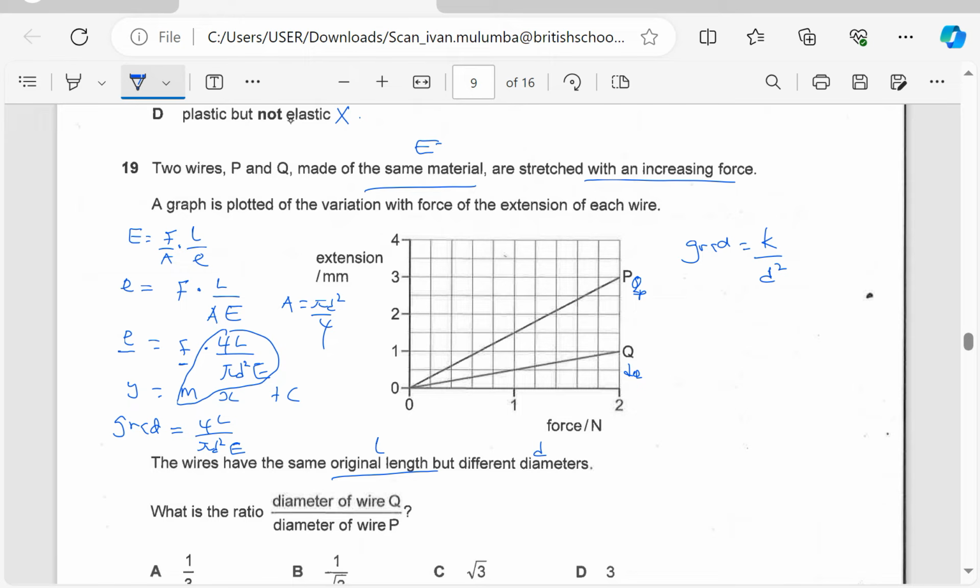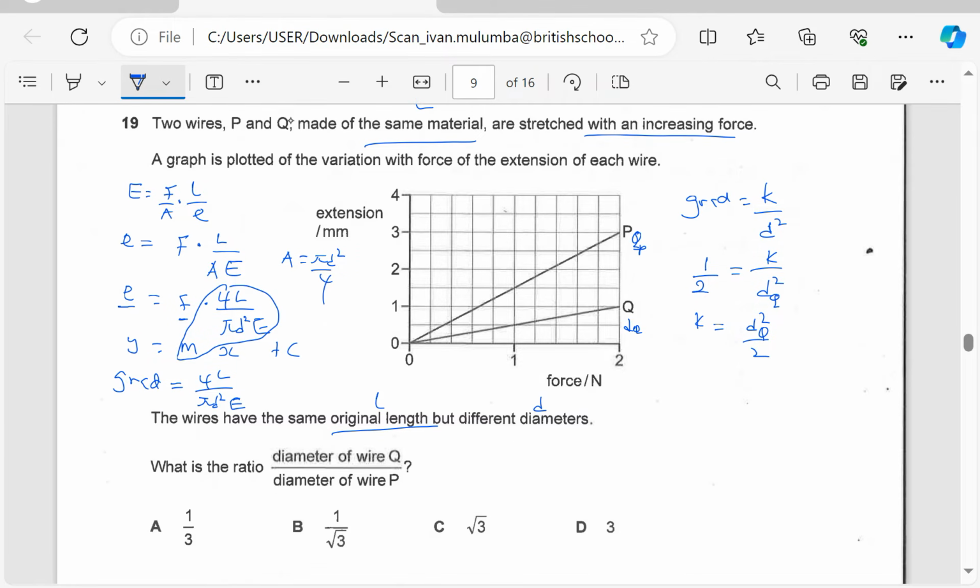Okay, now I can have two equations. Let's find the gradient for Q. For Q, the gradient is 1 minus 0 divided by 2 minus 0, which is equal to K over diameter of Q squared, which means the constant K is diameter of Q squared divided by 2.